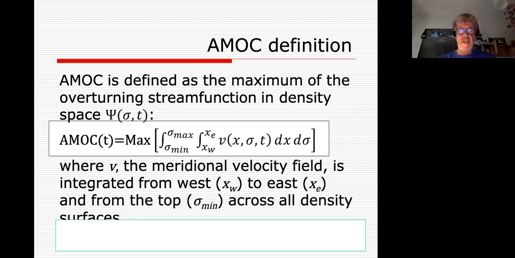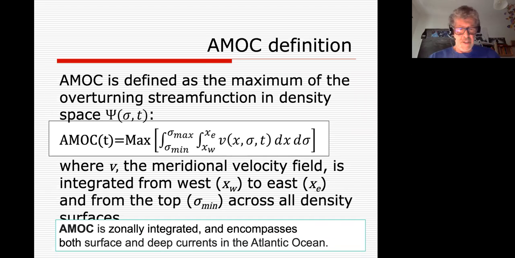So AMOC again is an integrated value that explains the variability in time of this flux at a certain latitude. AMOC is zonally integrated and encompasses both surface and deep currents in the ocean, as a single value.